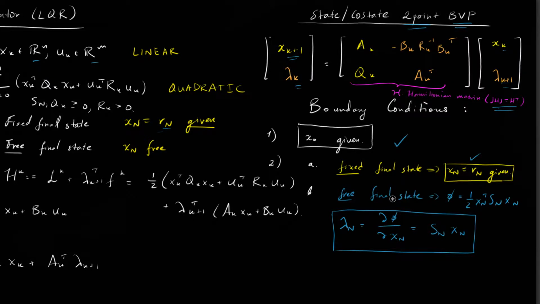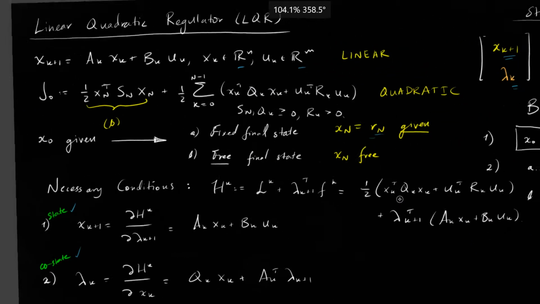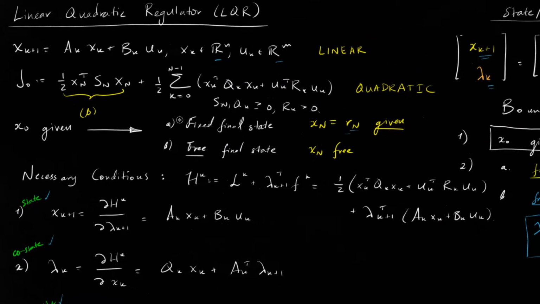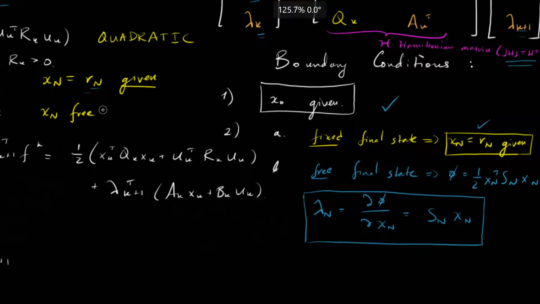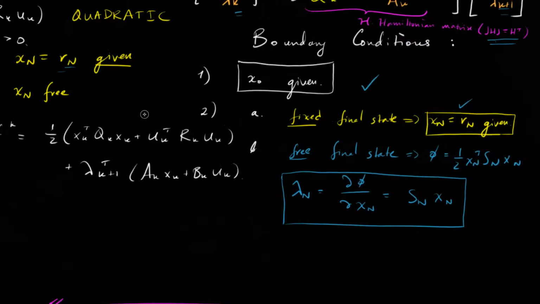And in that case, if you look at the cost right here, for free final state problems, we actually have to add in this terminal cost, which I label as phi. And this terminal cost is needed because we're minimizing this quadratic form, which means we're minimizing x_N. Okay, so that's where this phi function is coming from.